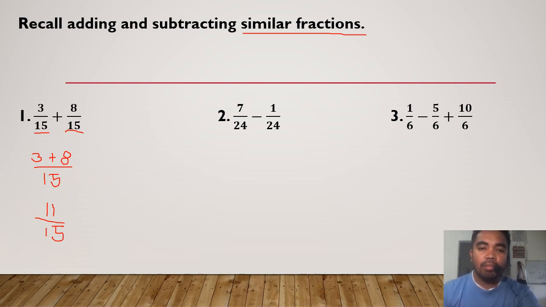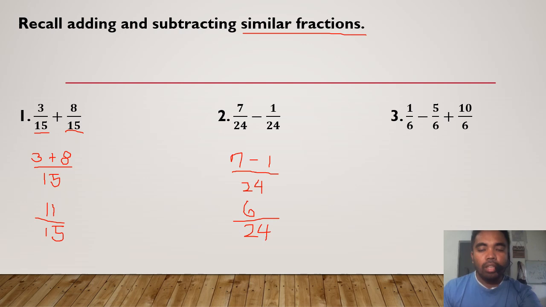So let's come to number 2. Number 2 is 7 over 24 minus 1 over 24. Still they have the same denominator, so we're going to copy the denominator, which is 24, and subtract in the numerator. 7 minus 1 is 6, so 6 over 24.